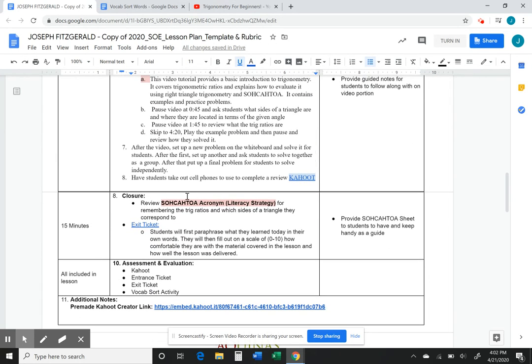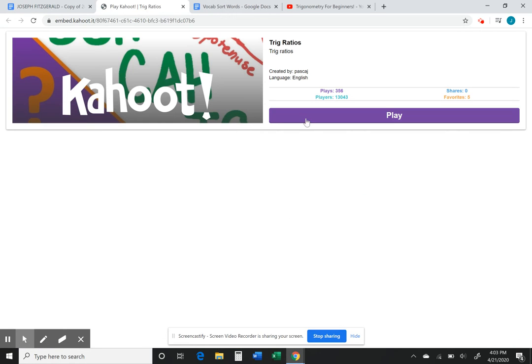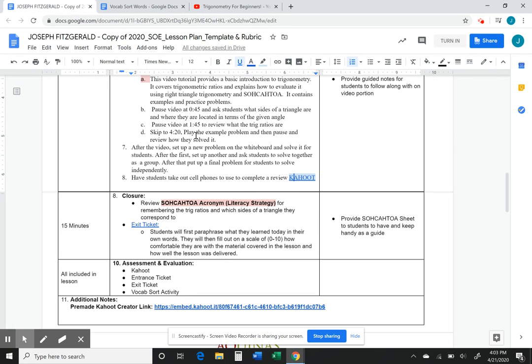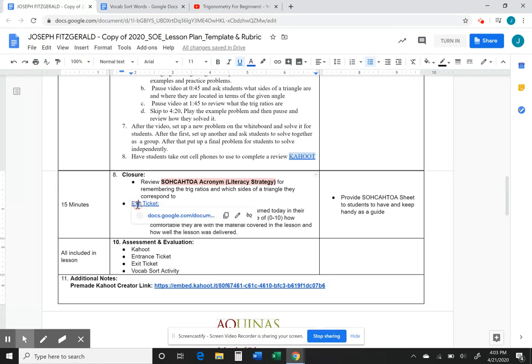After that, I'm going to have them run through a Kahoot. That's a pre-made one that I found here. It reviews everything that we talked about in the lesson, and I might do that in part 3. And then they're going to fill out this exit ticket after we review SOHCAHTOA.